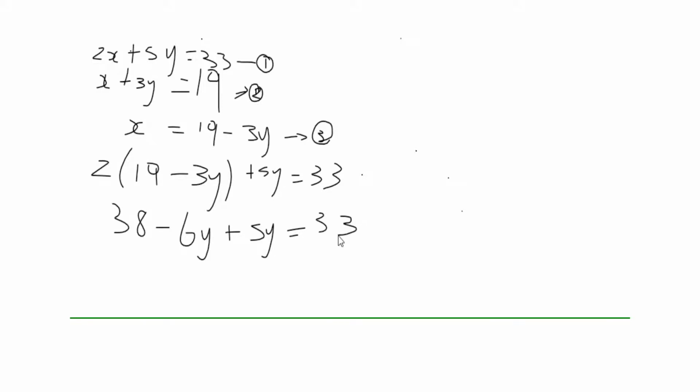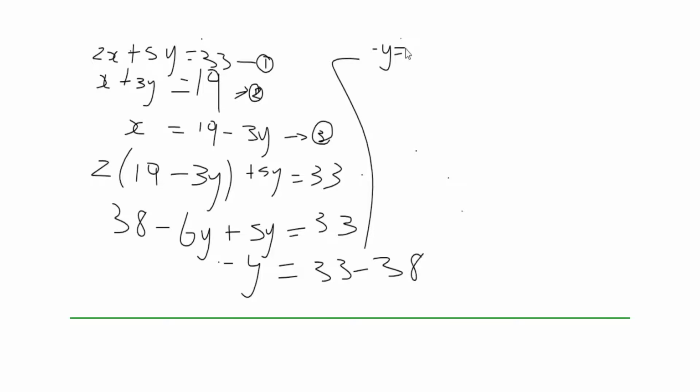So what I'm going to do now is simplify. Negative 6y plus 5y gives me negative y equals, I'm going to bring over the 38, I have 33. Positive 38 goes over and becomes negative 38. So I have negative y equals positive 33 minus 38, which gives us negative 5.